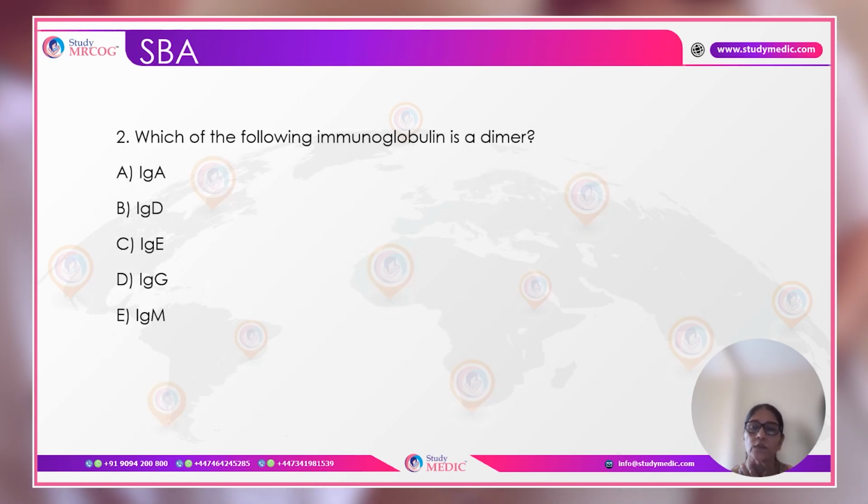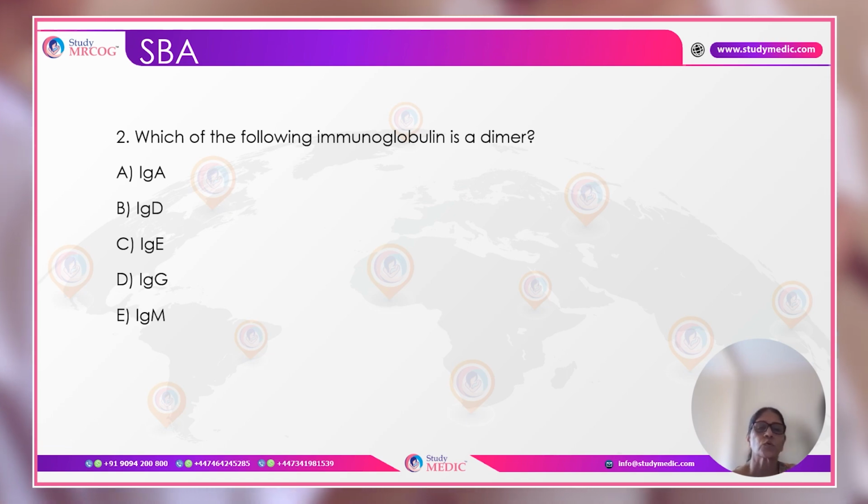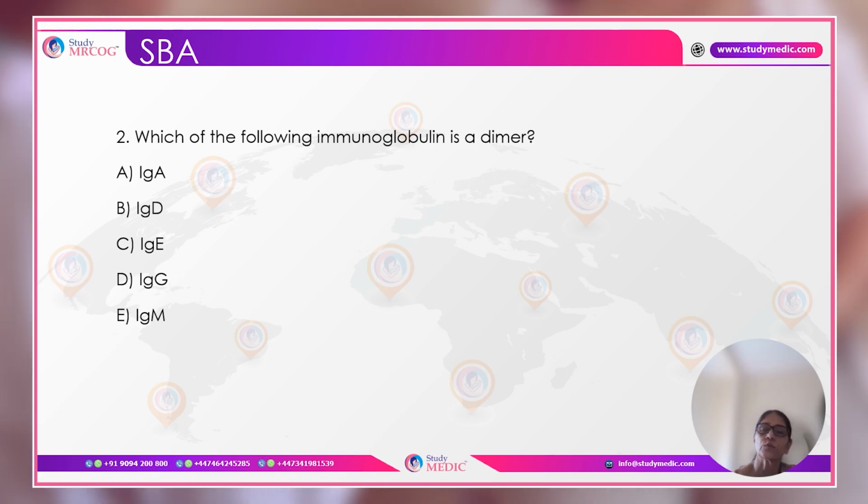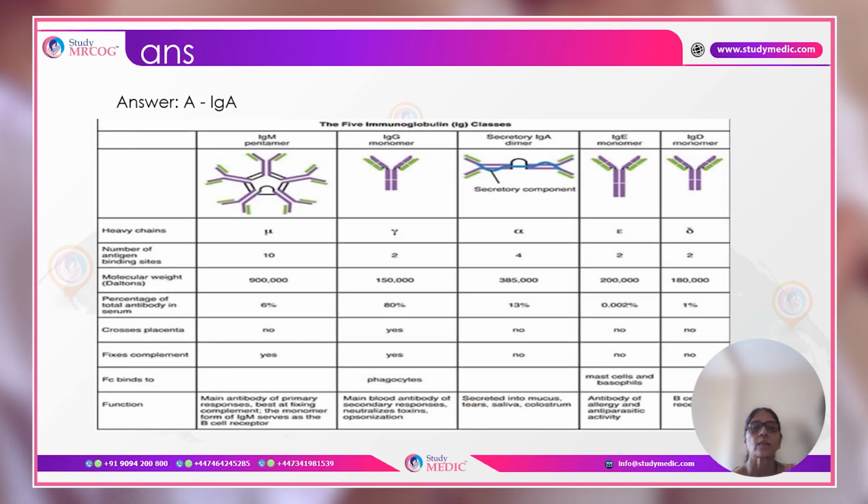Something from immunology. You have to know the structure of immunoglobulins. We know there are 5 classes: A, D, E, G, and M. Out of these, which one is a dimer? We know they are monomers, dimers or pentamers. Now you have to remember that the pentamer is the heaviest.